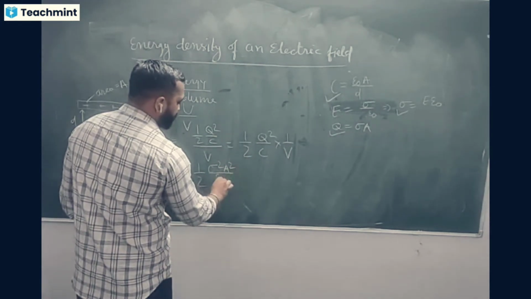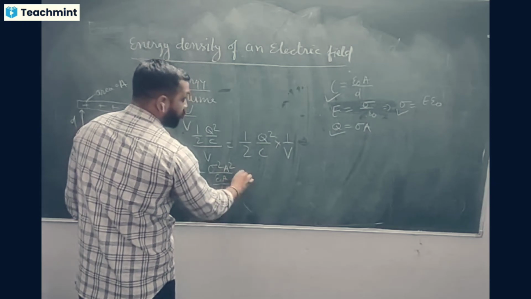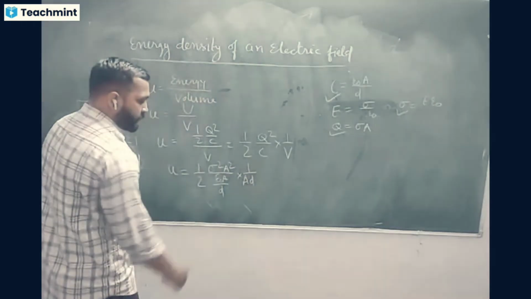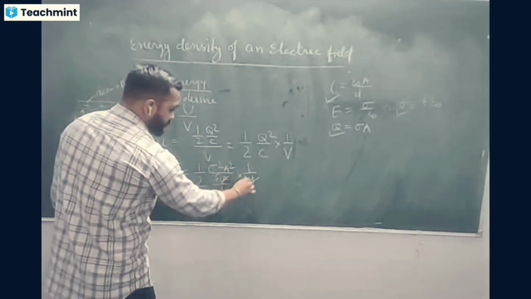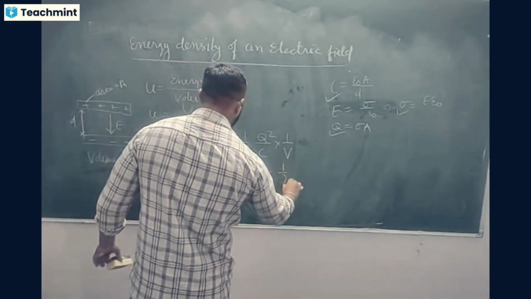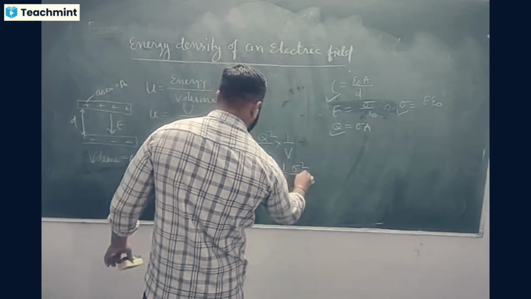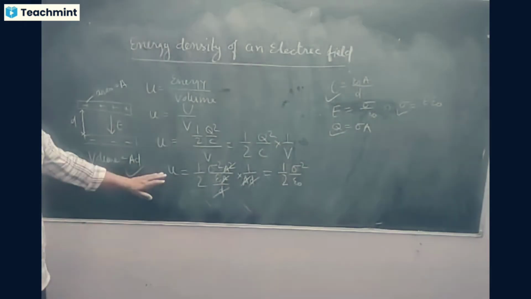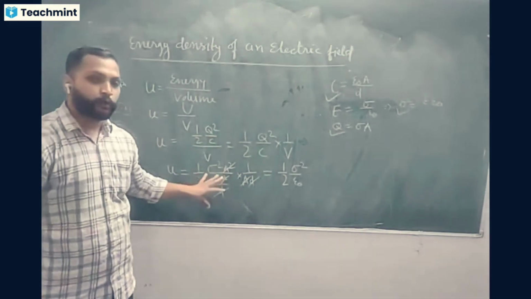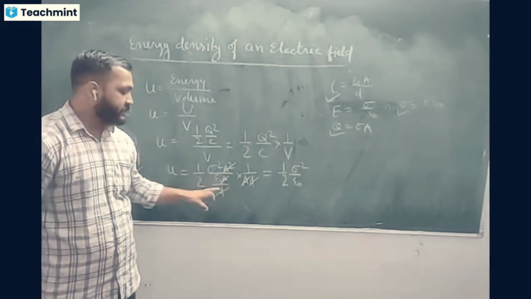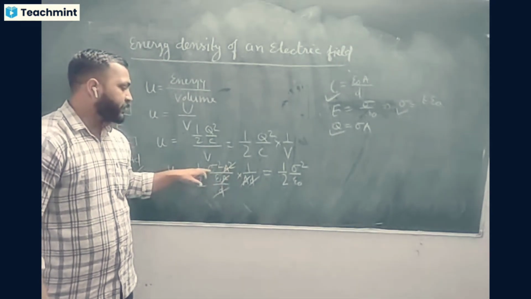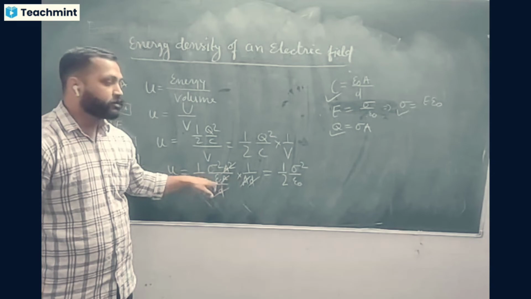Instead of C we can write epsilon naught A upon D, and instead of V we can write A into D. So D will cancel, and A square upon A into A will cancel out. So only sigma square upon epsilon naught will be there, with the half. This formula becomes half sigma square upon epsilon naught.